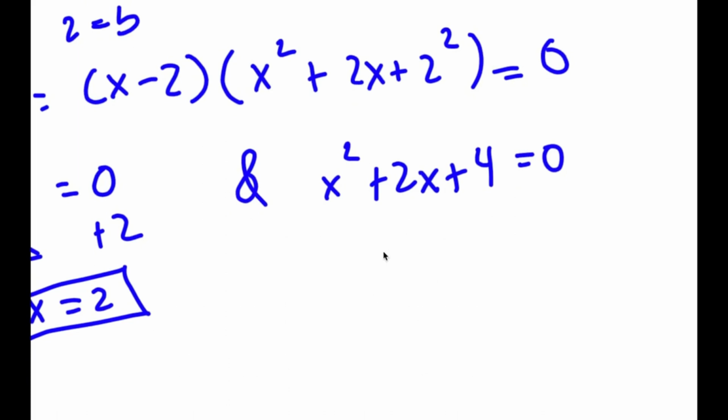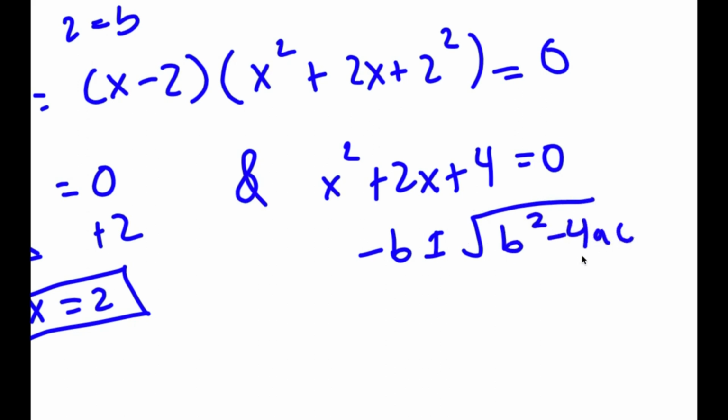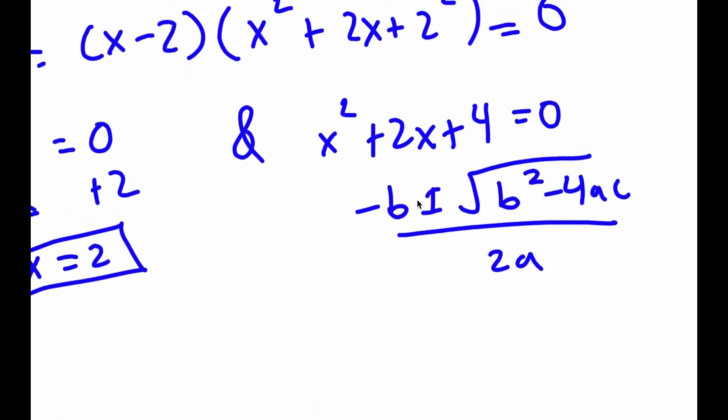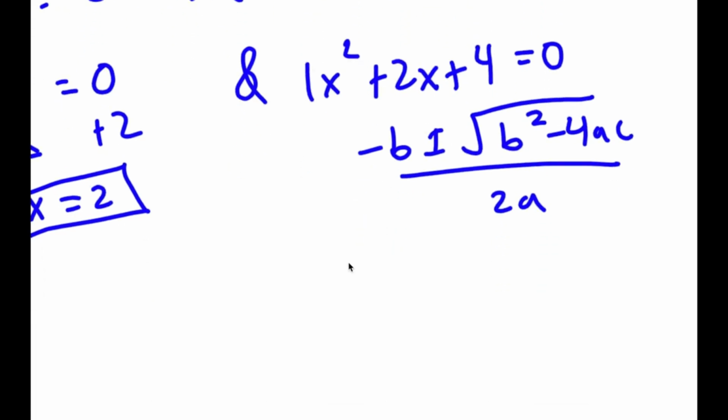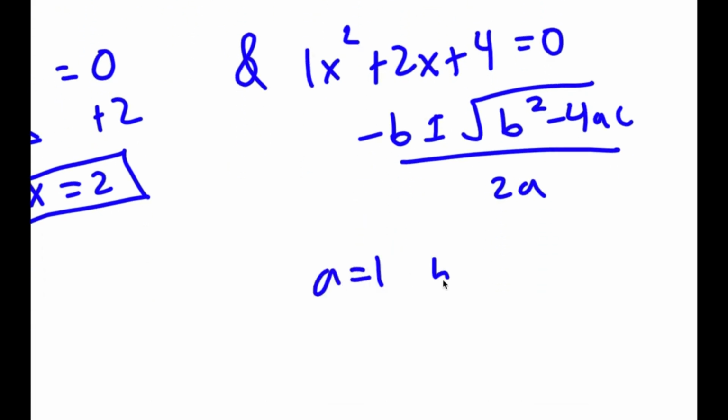So the quadratic formula is negative b plus or minus the square root of b squared minus 4ac divided by 2a. Now, the coefficient for x squared is 1, the coefficient in front of x is 2, and we have 4. So a is equal to 1, b is equal to 2, and c is equal to 4.